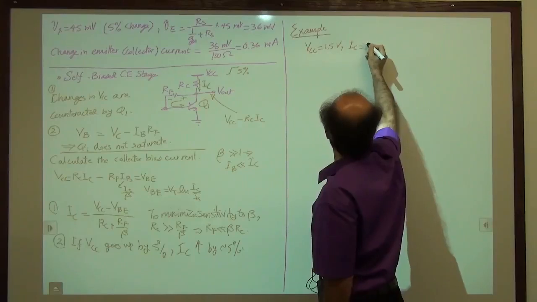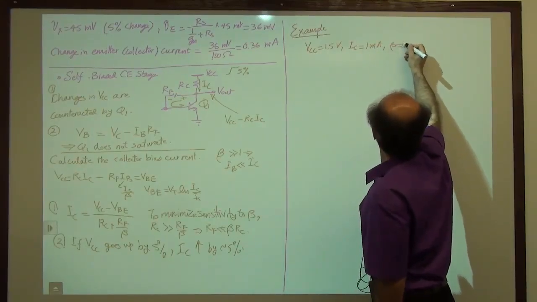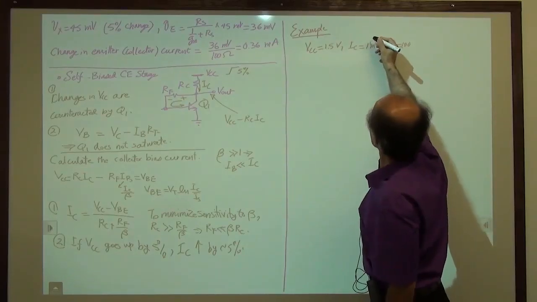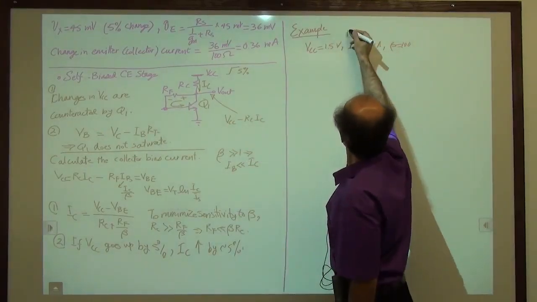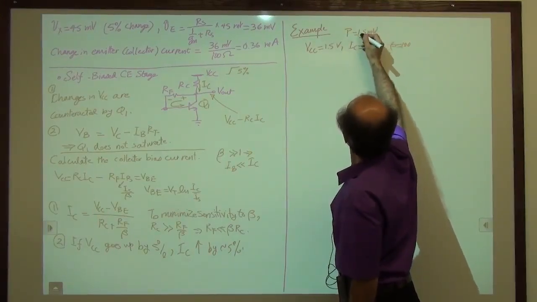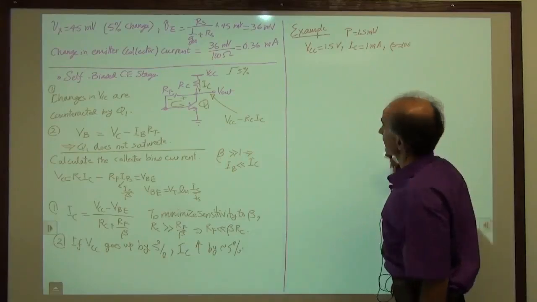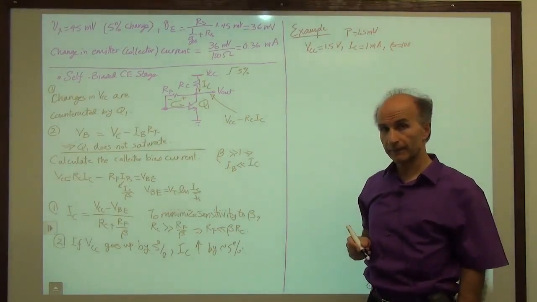IC is 1 milliamp, because the power budget is 1.5 milliwatts. And beta is 100. And we would like to see how the circuit comes about.